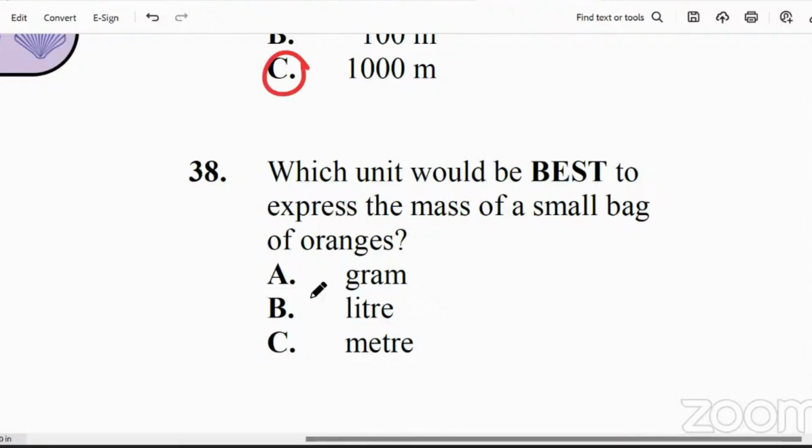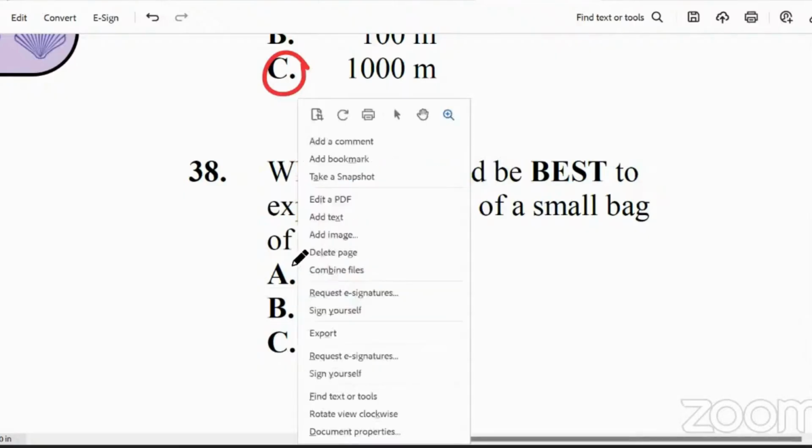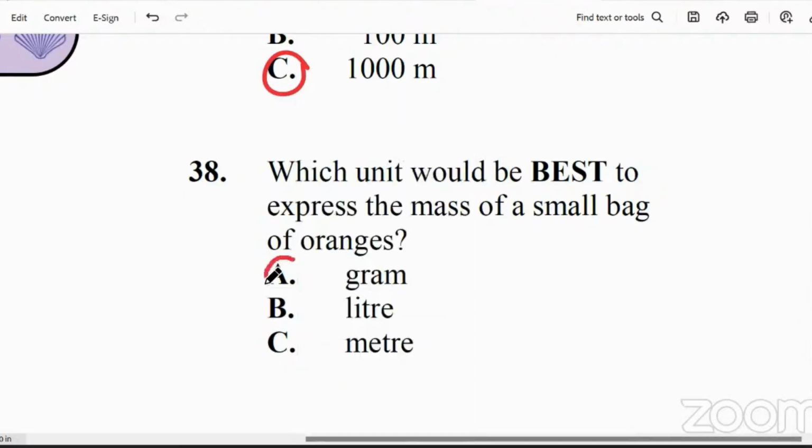Liter would be for liquid, and meter would be for length or distance. So which would be best to express the mass of a small bag of oranges? That would be grams. So the answer is A.